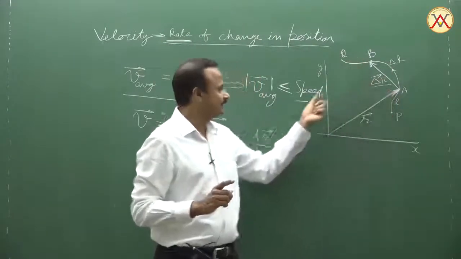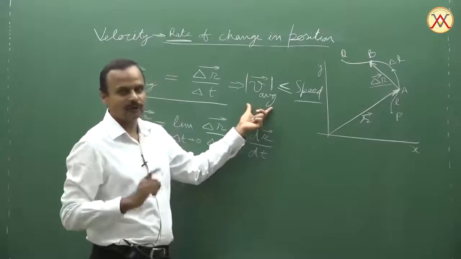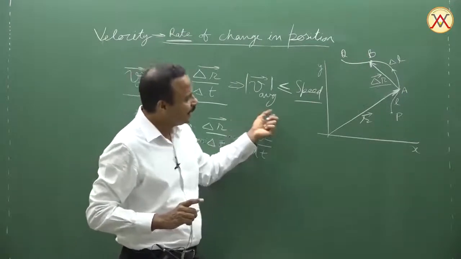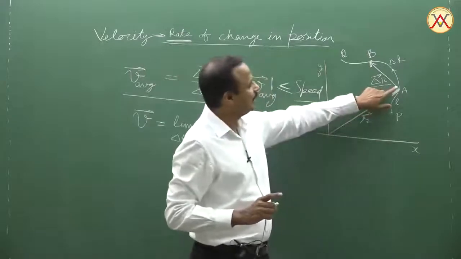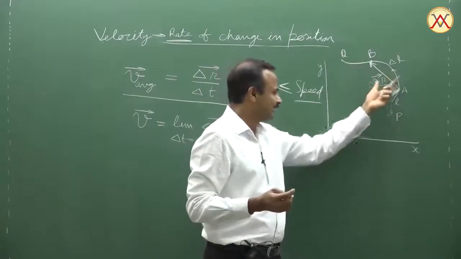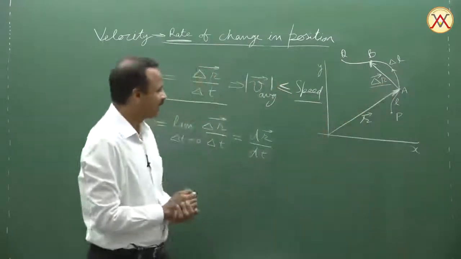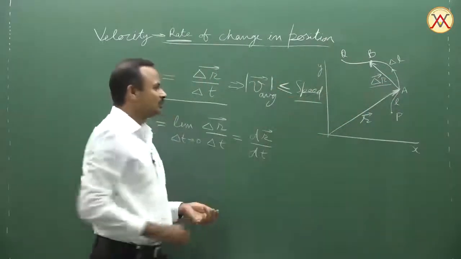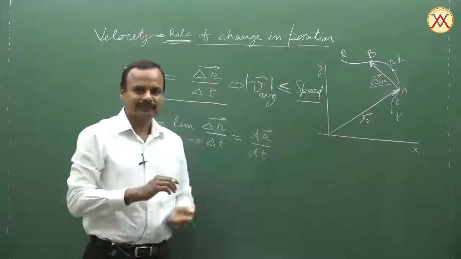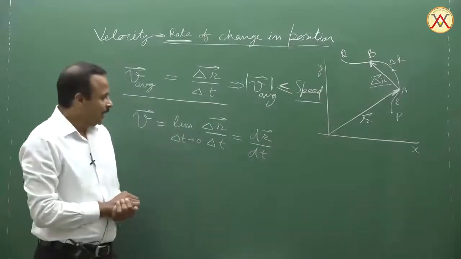Only in that case speed and magnitude of average velocity will be same for a duration. But in the general case, say for example this one, delta L is greater than delta R, so accordingly in the shown diagram the magnitude of V average will be less than the average speed.